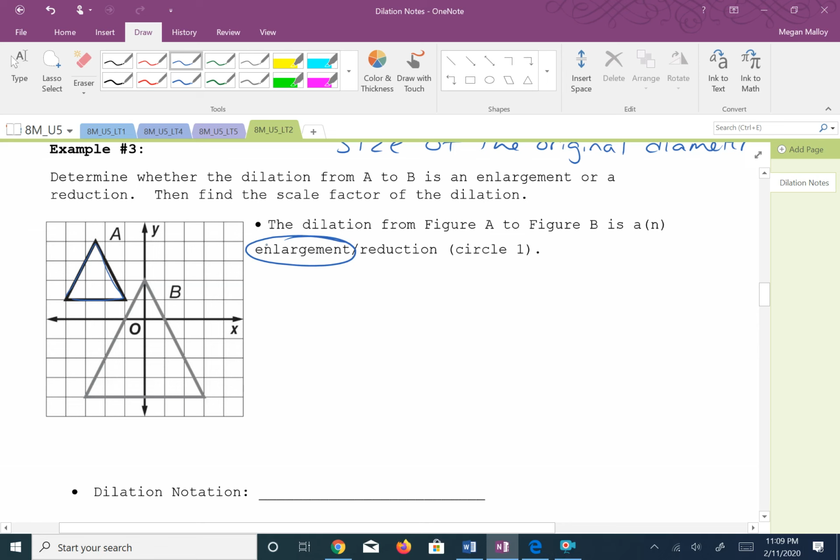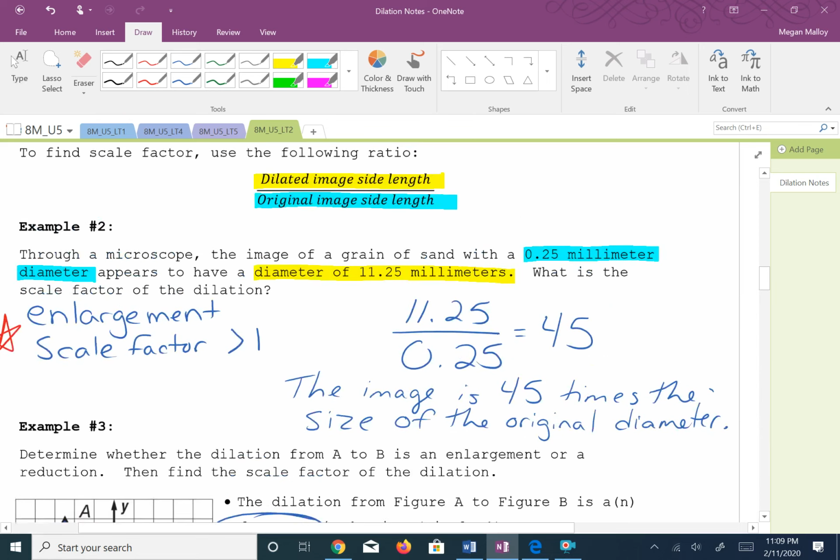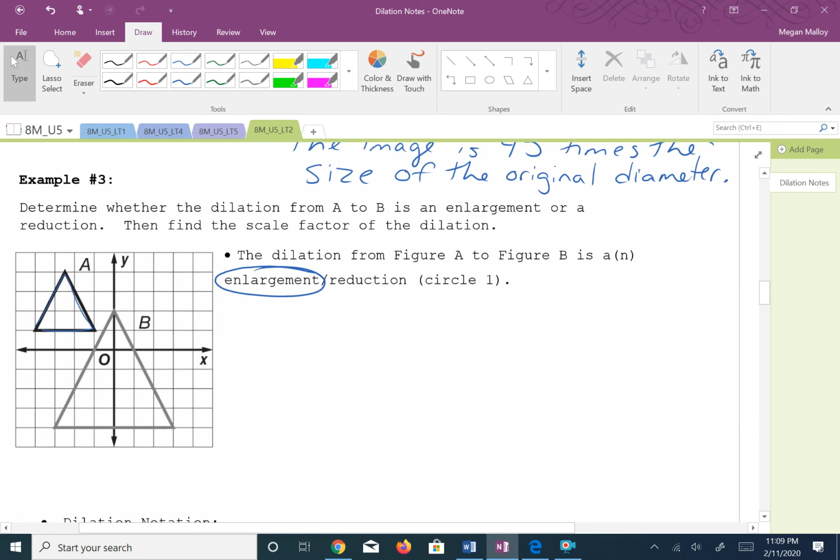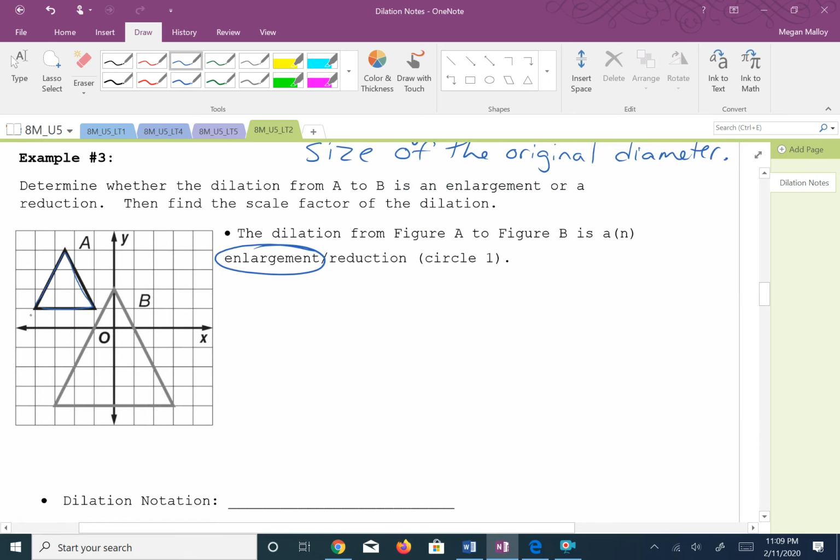So in order to find the scale factor, we need to take our dilated side length and divide it by our original side length. So we can take our base side length here, and in A, that is 3 units across, and in B, that is 6 units across. So if I take my dilated value and divide by my original value, 6 divided by 3 is equal to 2.